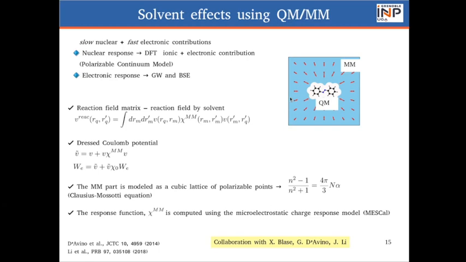If Q is the region in the QM part and N is the MM part region, the reaction field is computed as a response at a point in the QM region due to the presence of the environment N. And the response function is computed using the microelectrostatic model in the MESCAL code, where the system is described as a system of polarizable points, where the polarizability is given by the Clausius-Mossotti equation, starting from the refractive index or from the dielectric constant, which is the ingredient that we use.